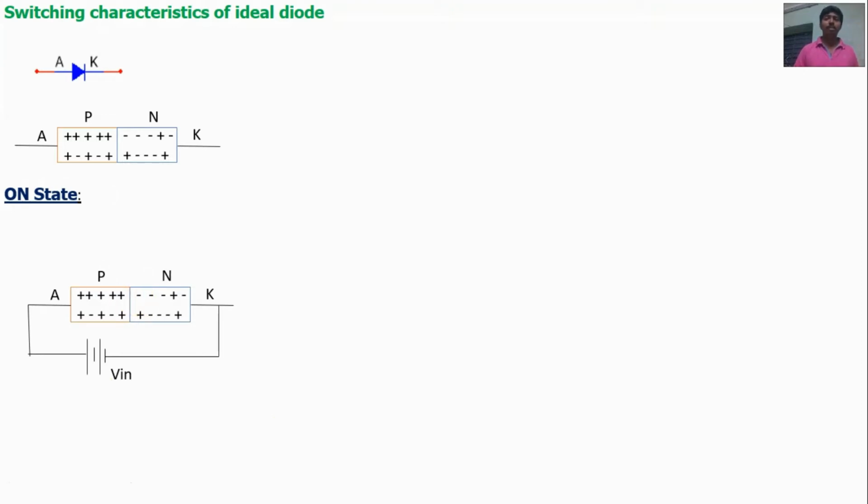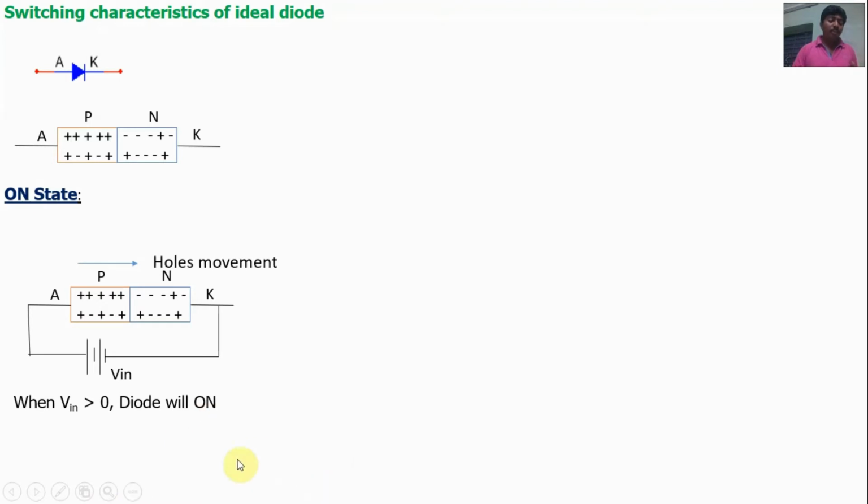For practical case, 0.7 volt for silicon diode. When Vin is greater than the barrier potential, let us take an ideal diode. When Vin is greater than 0 volt, then only the device will conduct. Otherwise, it does not conduct. So the condition for the diode on state is Vin should be greater than 0. Otherwise, the device will be in off state.